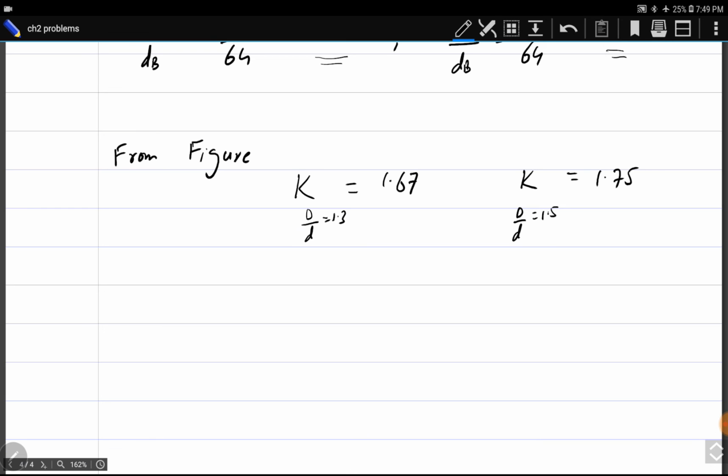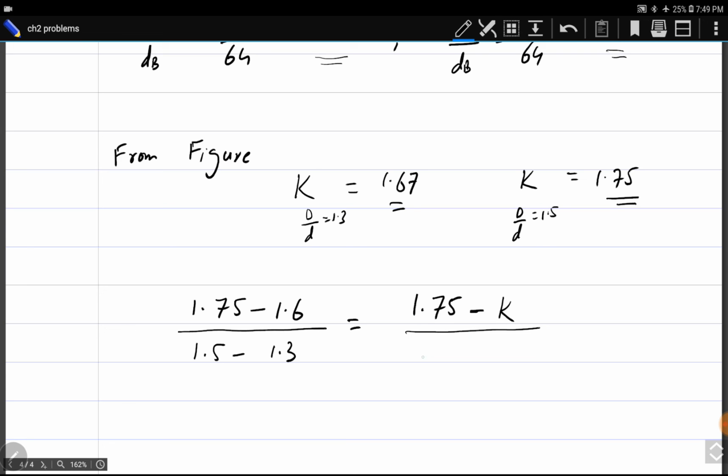We will do interpolation. It is 1.75 minus 1.7, these two values, divided by 1.5 minus 1.3, is equal to 1.75 minus unknown K divided by 1.5 minus 1.375.